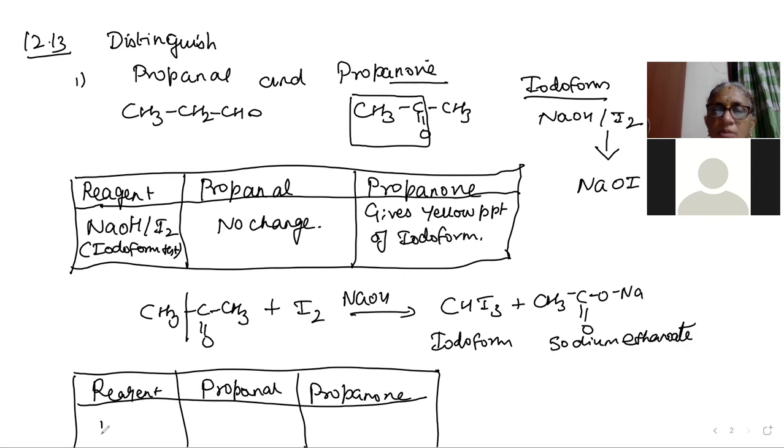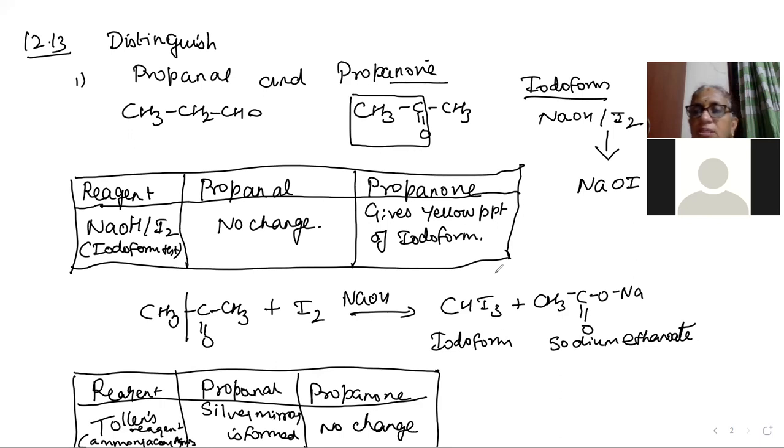In the reagent column you write Tollens reagent. What is Tollens reagent? Ammoniacal silver nitrate. And propanal gives a silver mirror. And propanone, no change, because ketones do not give any change.